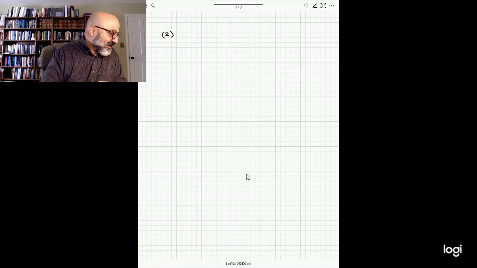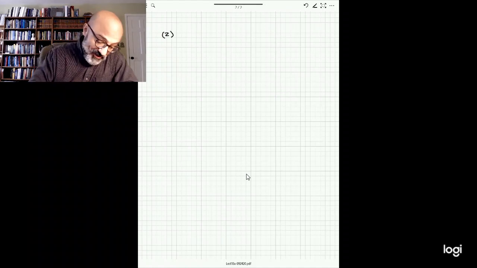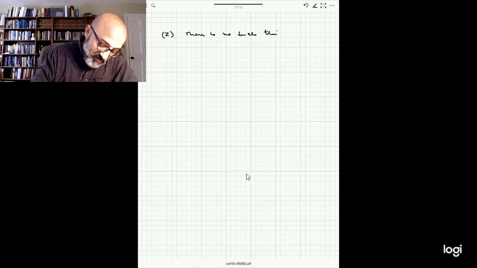Comment 2. Conceptually, this is going to be one of the most important comments. There is no such thing as the entropy of a system.